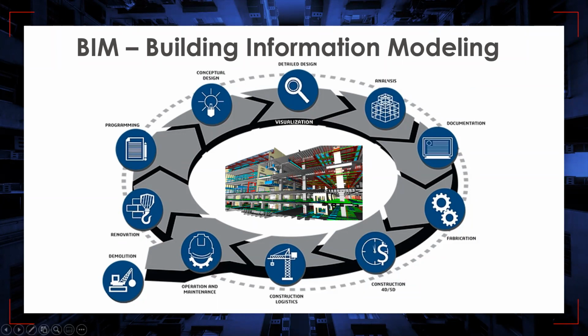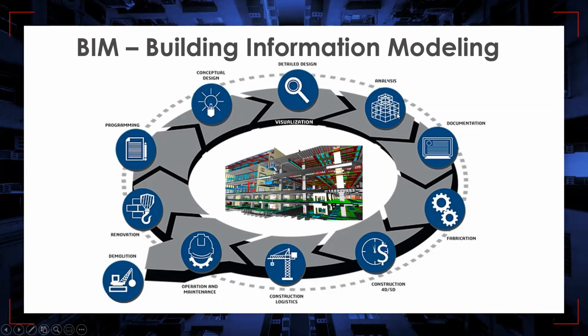To do that, we need to have the same input information data. You see here an example of a construction structure used to generate more outputs. We can use this model for design purposes and also for analysis.